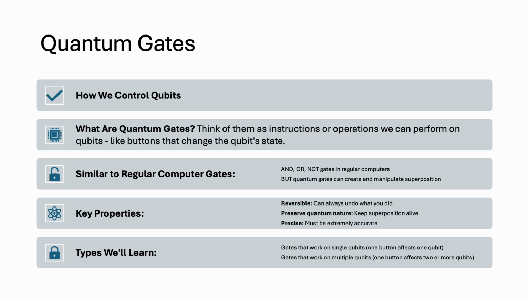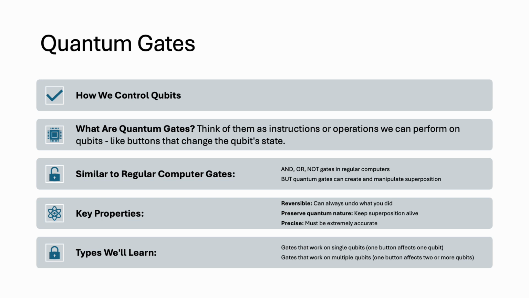But quantum gates are fundamentally different from classical gates because they must preserve the quantum properties of superposition and entanglement while transforming the quantum state. Think of a quantum gate as a precisely controlled operation that rotates the qubit state on the Bloch sphere or creates correlations between qubits.